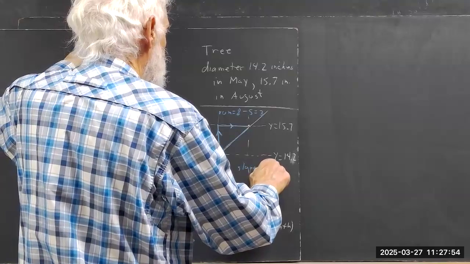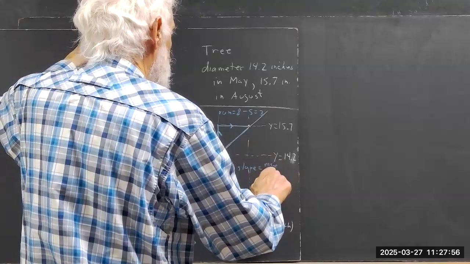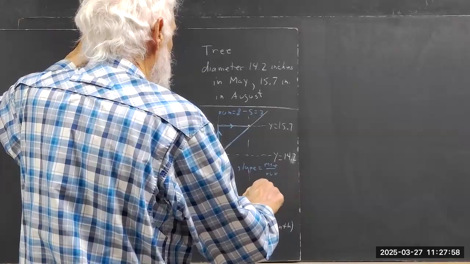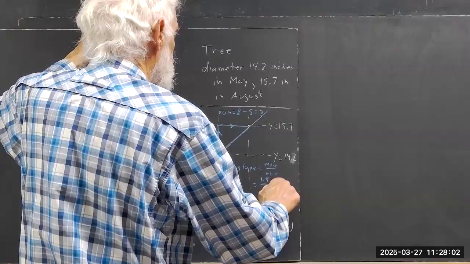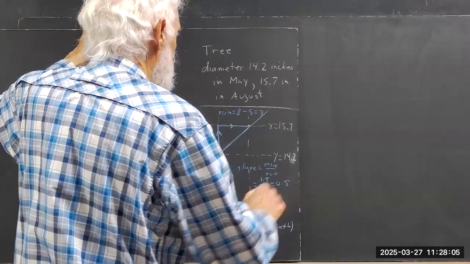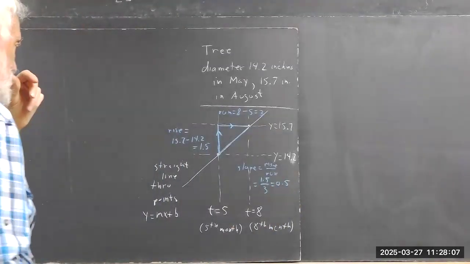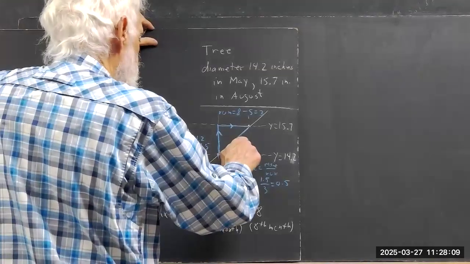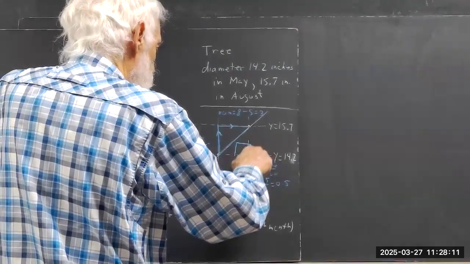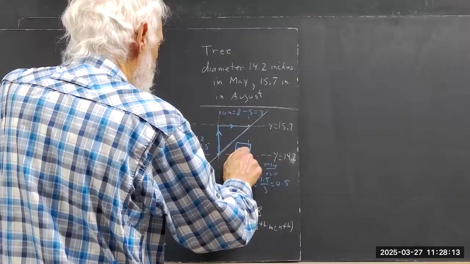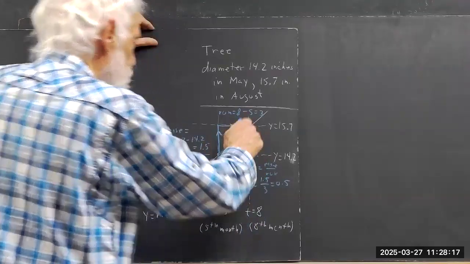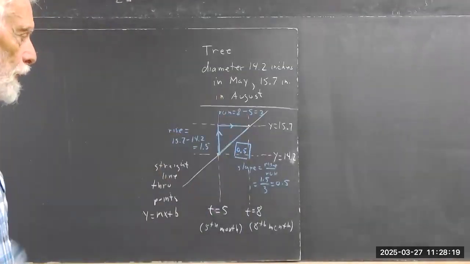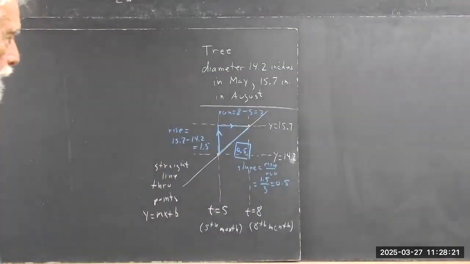Down here, slope equals rise divided by run equals 1.5 over 3 equals 0.5. The box here, next to the hypotenuse, next to the sloping part of the fundamental triangle: 0.5.